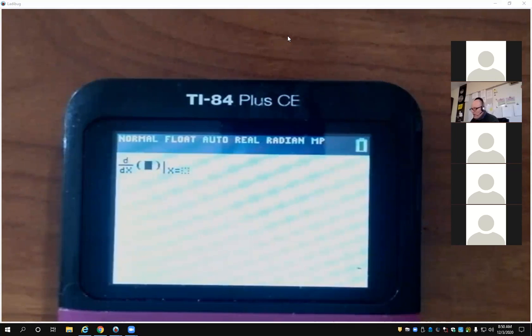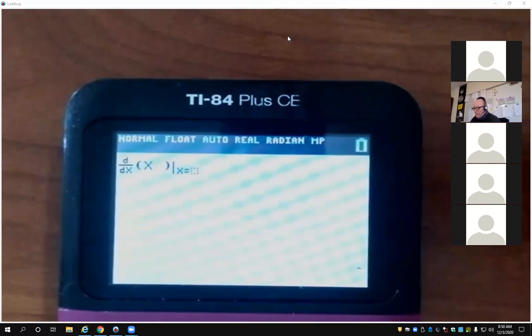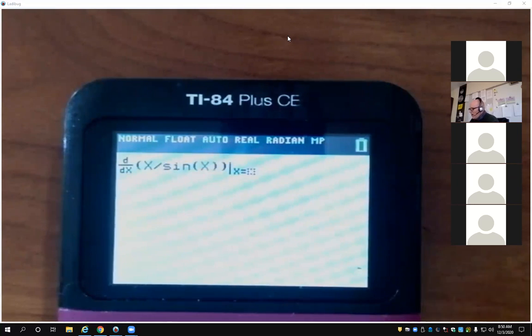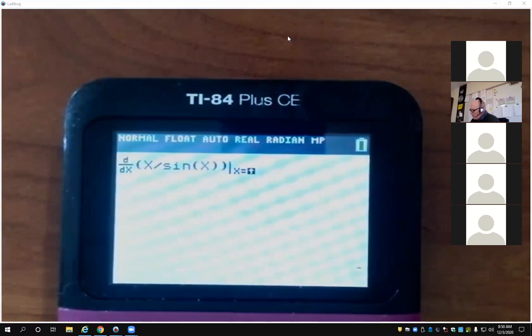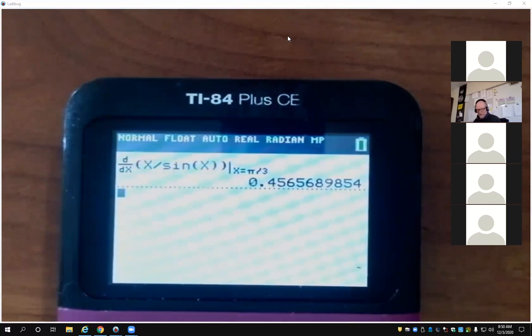It's the reciprocal of sine, right? So cosecant is the reciprocal of sine. So it's going to be x times 1 over sine. And instead of writing times, I could just say divided by here because it's just one function. So I could say x divided by sine x. And then over here, I'm just going to type in pi over 3. And I should get 0.457.